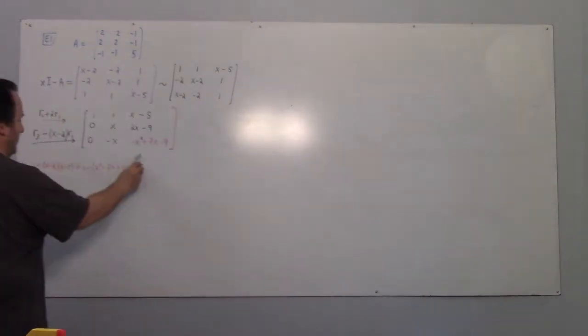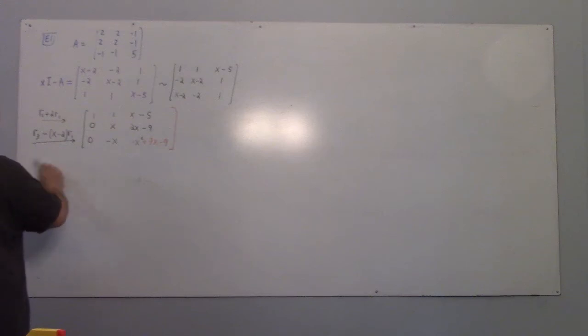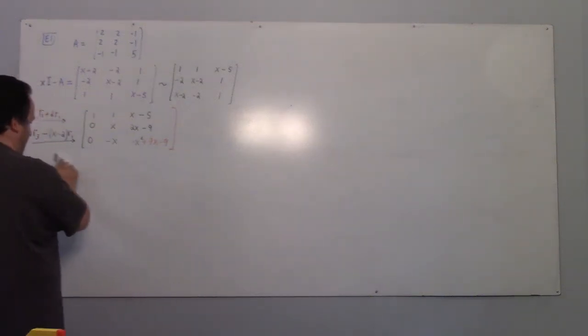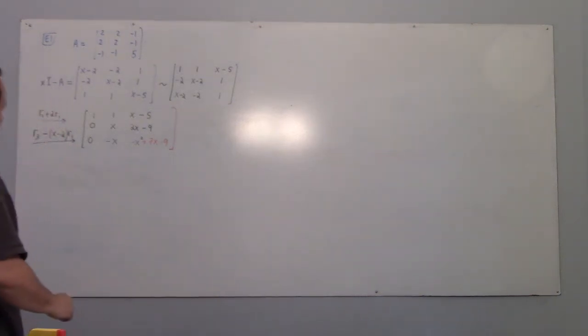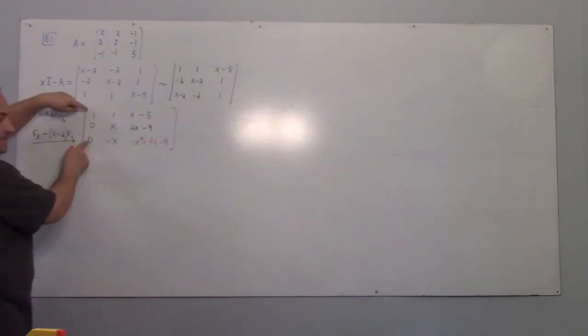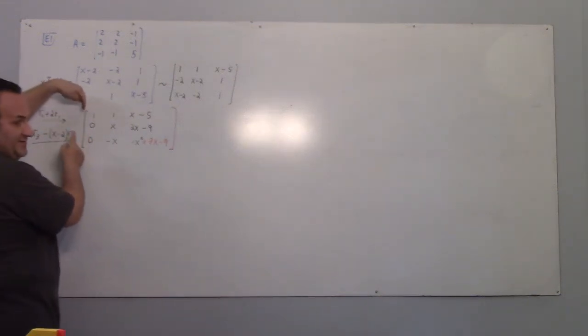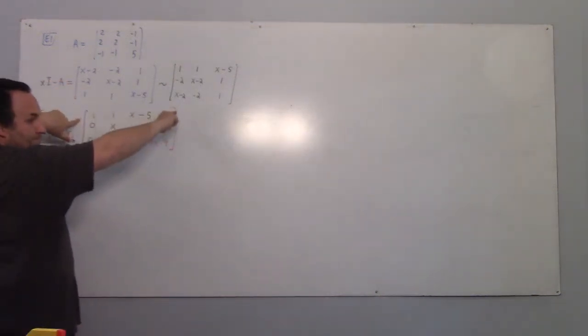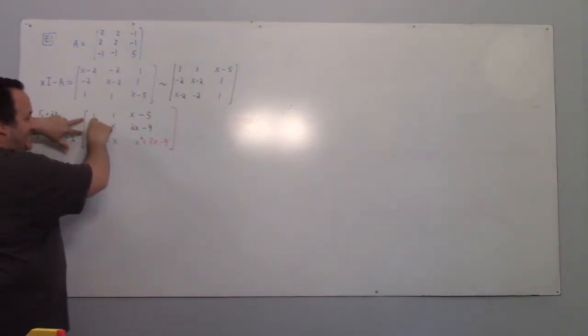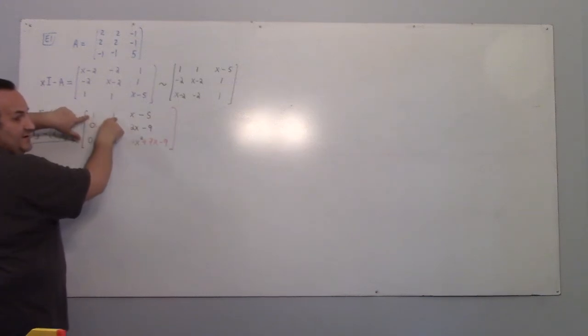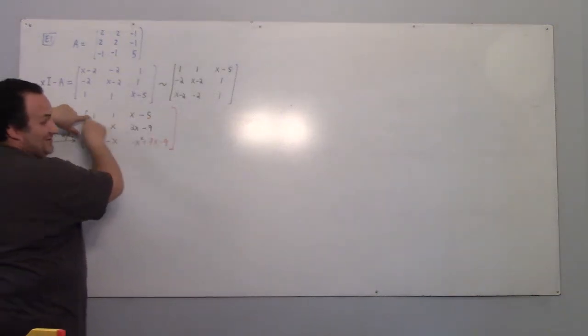Now, here's the thing that didn't pop out at us in our previous calculations today: once you get this, you can use column operations, and since you have zeros here, it doesn't affect this at all. So we can just subtract column 1 from column 2, and x minus 5 times column 1.